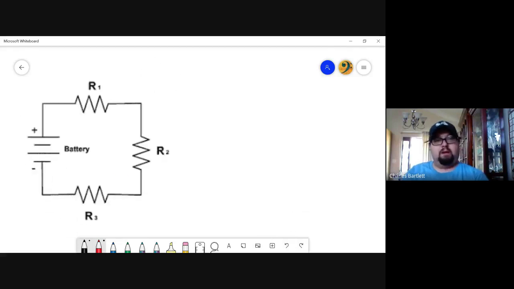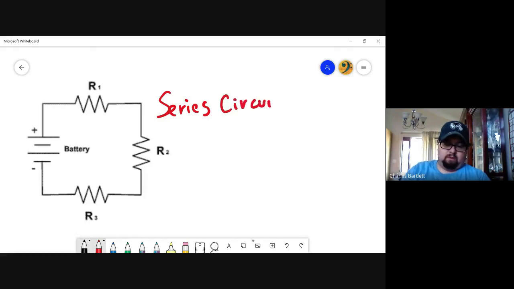So because we only have one pathway, and these resistors are one after the other, we call that a series circuit. And again, I understand that some of you guys really have this down, and if you've really got this down, you don't need to watch these videos. They're not required. These are just to help people. Because they're in series, we would call this a series circuit, plain and simple.